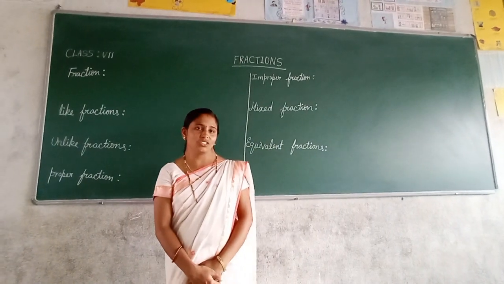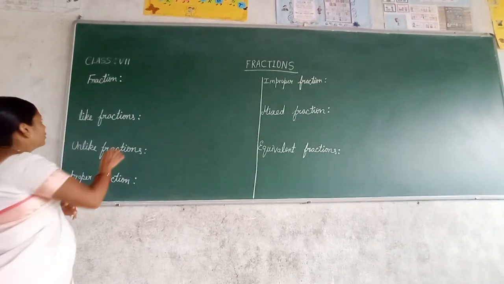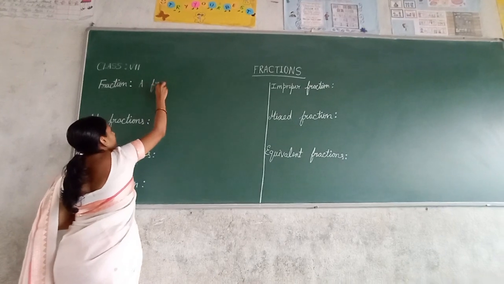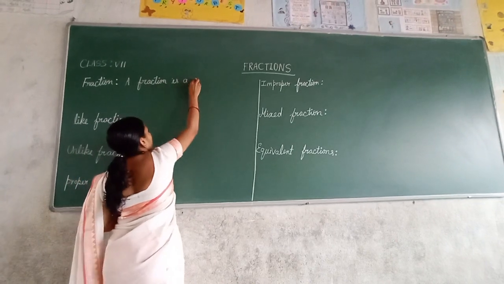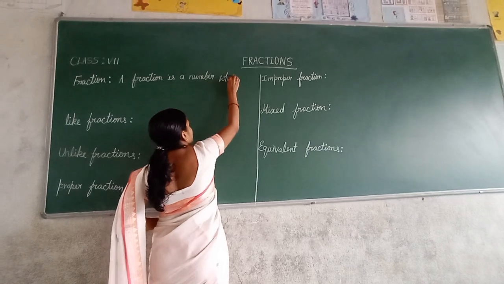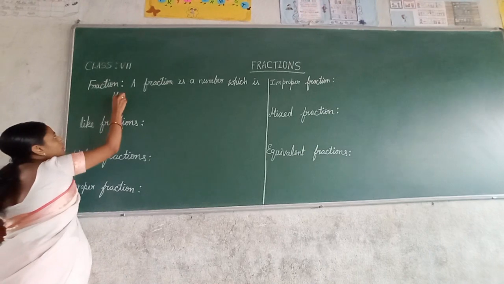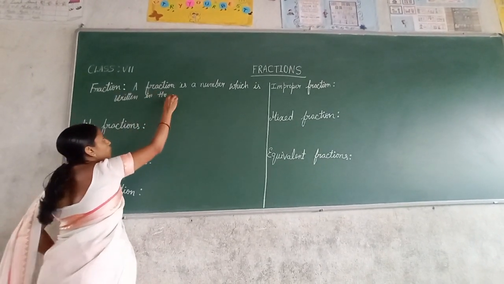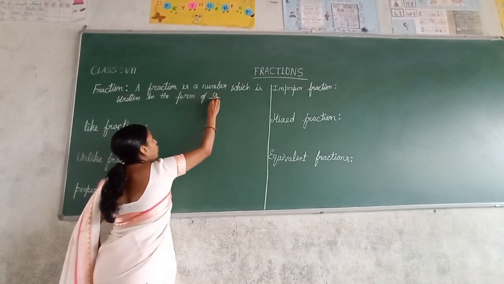What do you mean by fraction? A fraction is also a number. A fraction is a number which is written in the form of a upon b.